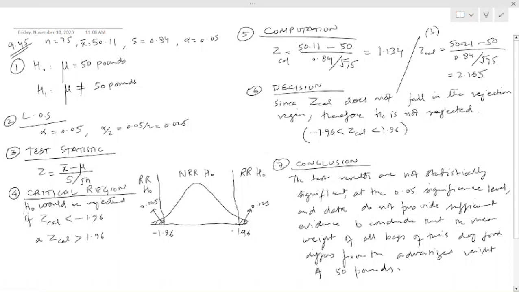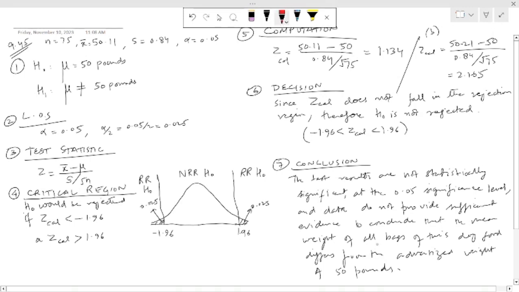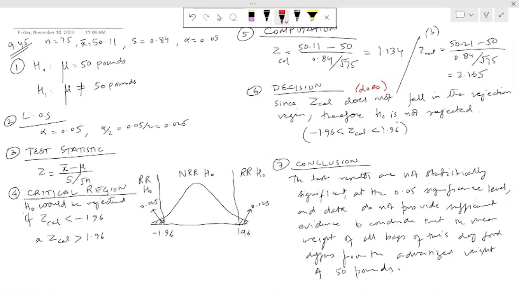So we have to make an amendment in the answer in that case. I am changing the color to red and writing down, instead of does not, since Z calculated does fall in the rejection region, therefore H naught is rejected, so we cancel this not.